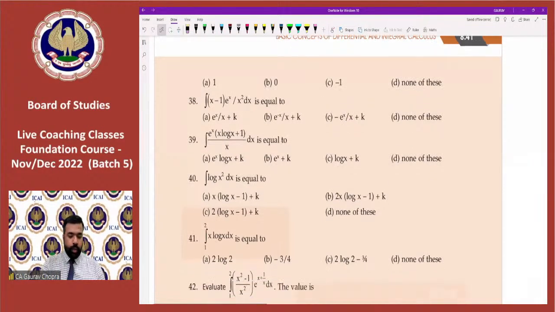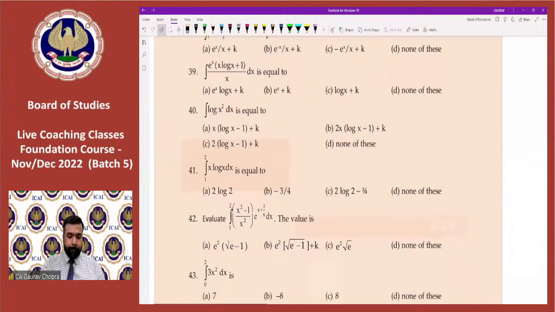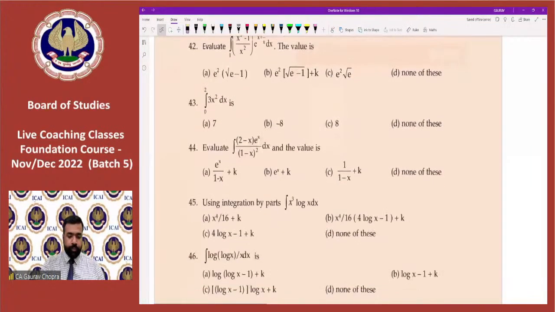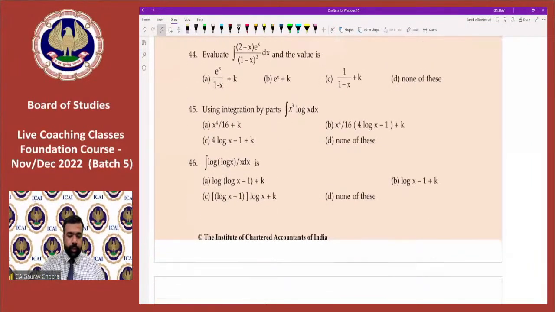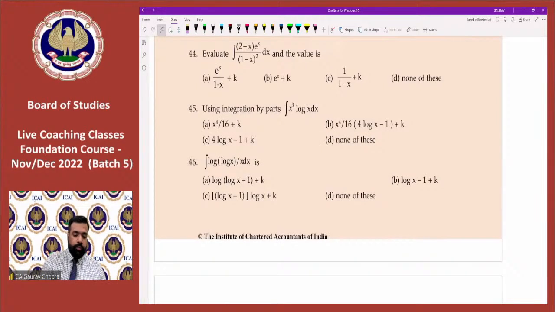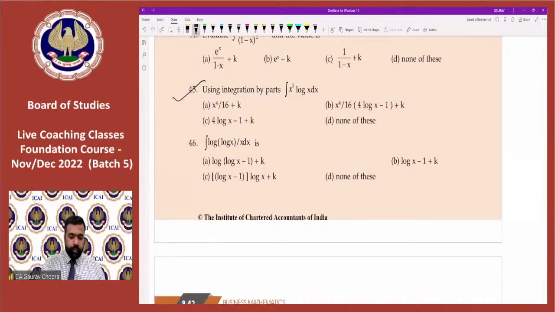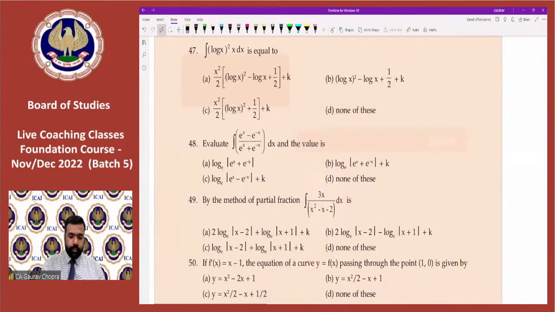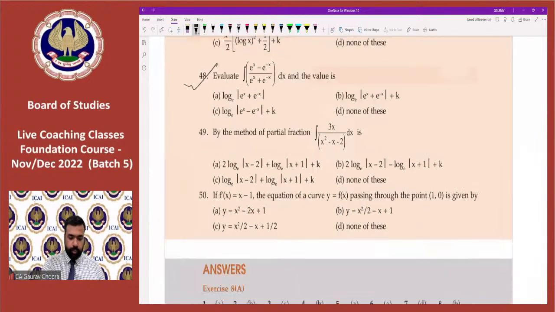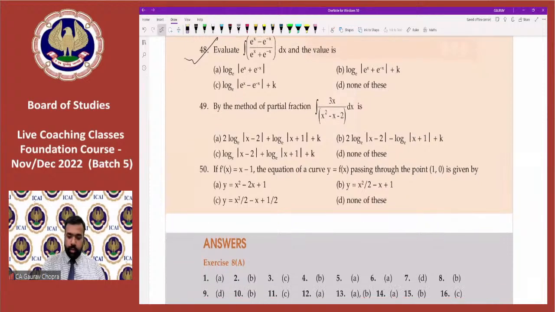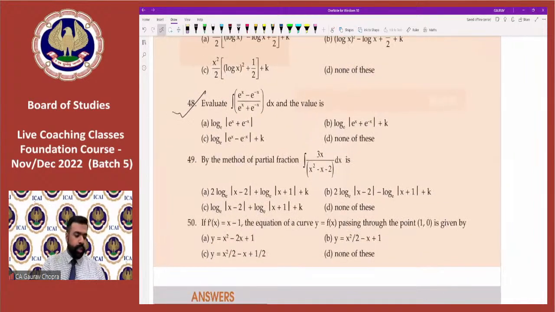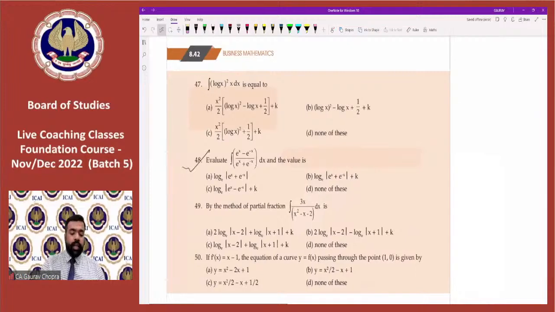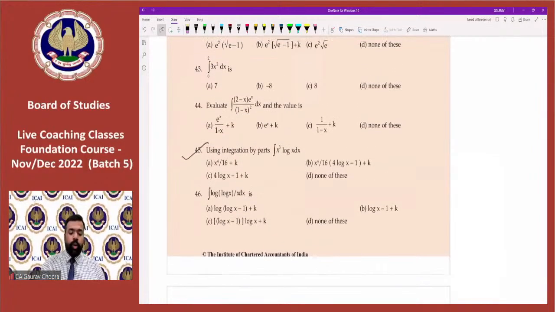Then the next one, 45 you can try. 46 can also, 48 can also be done. This much only. So all those questions which I have made you mark, you can try all these questions.